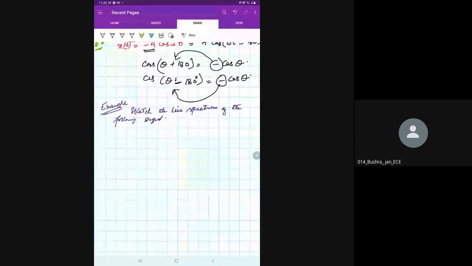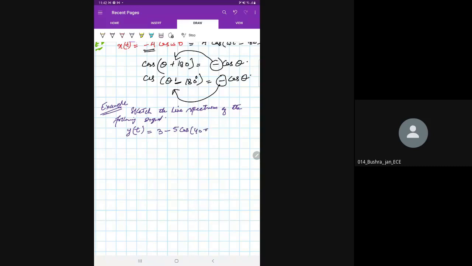I have a signal like this: y of t is equal to 3 minus 5 times cos of 40 pi t minus 30 degrees, plus 4 times sine of 120 pi t. Okay, this is my signal.